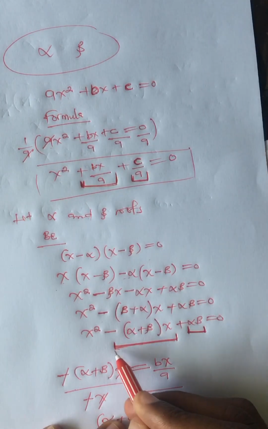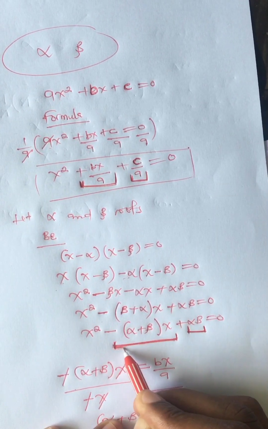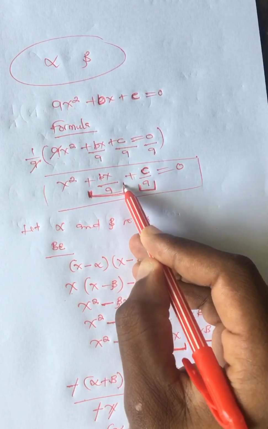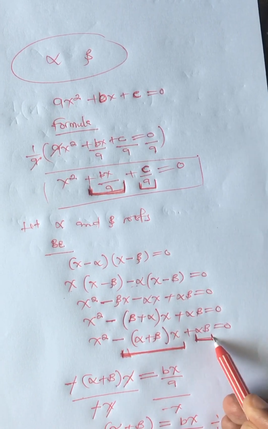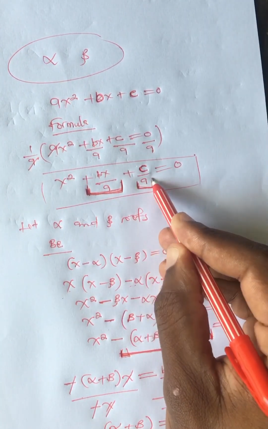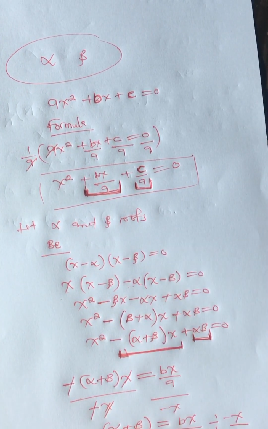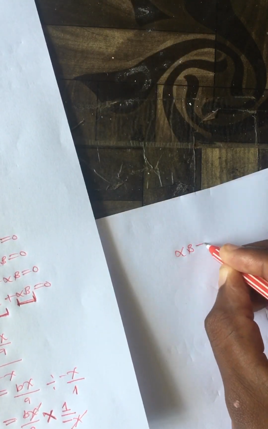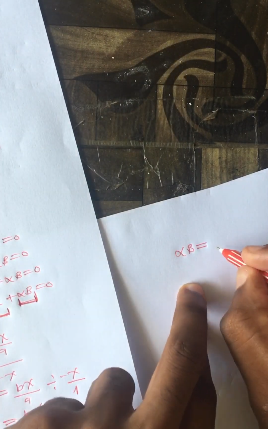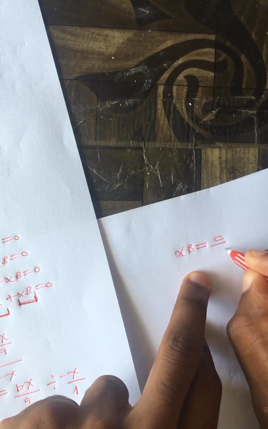I said the sum of the roots will be equated to the sum from the general quadratic, and the product will be equated to the product from the general equation. So we say alpha beta is equal to c over a.